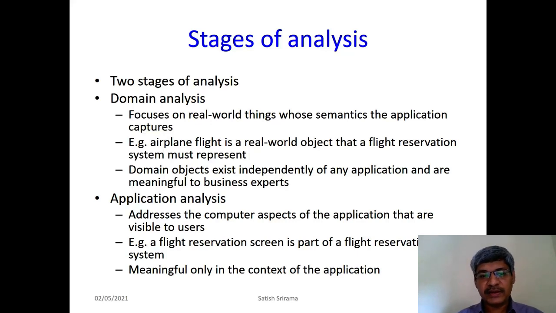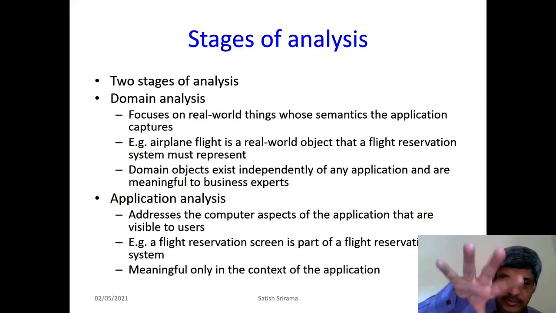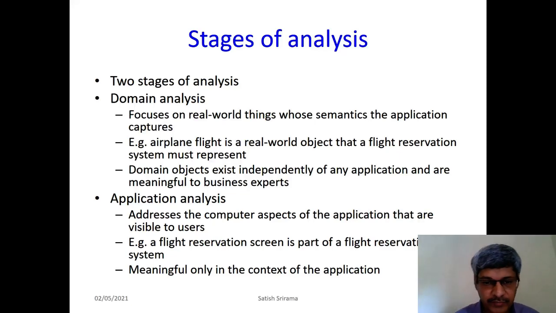But this is not the thing which the user of the system is actually seeing. These domain objects will be necessary for developing the application, but they are not visible to the user. So the domain objects exist independently of any application. They are meaningful to business experts. We will discuss domain analysis in detail as well.